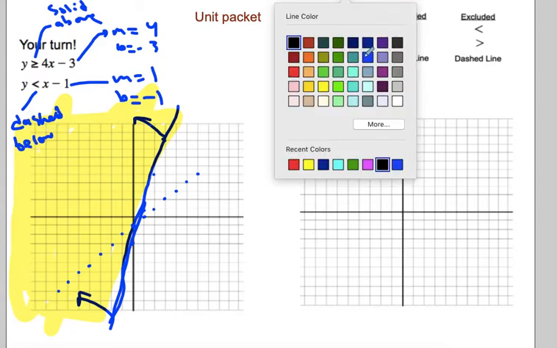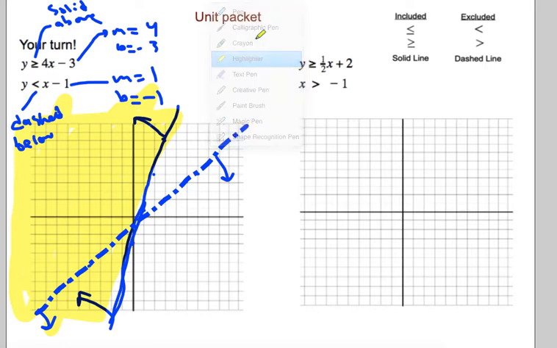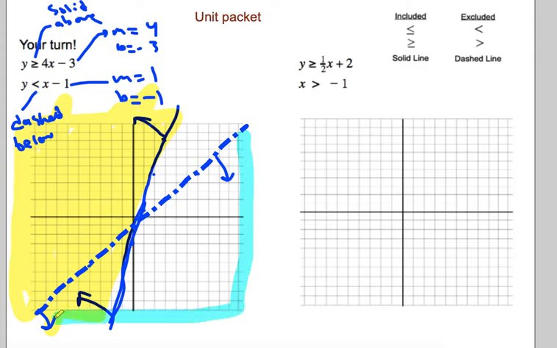So let's bring out our dashed line and try to draw it straight. Did it. And strictly below is going to look like that. So just looking at this line, I'm graphing everything that is below it.